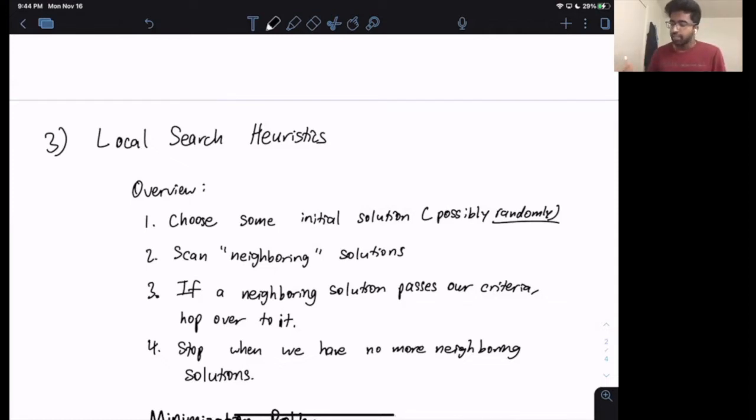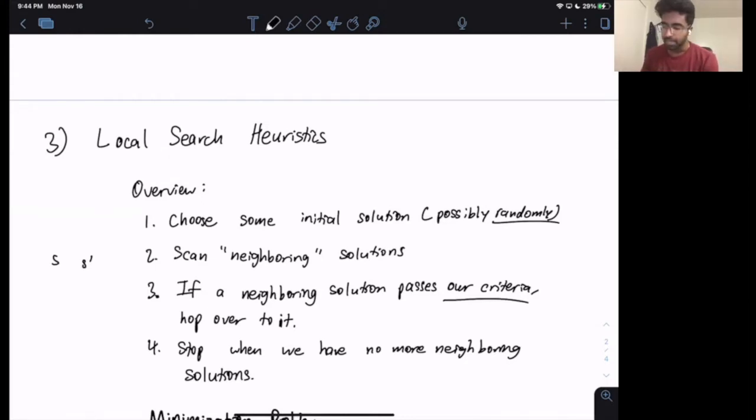Step number 3 is if one of those neighboring solutions passes our criteria, which I'll get to in a bit, then we'll hop over to it, right? So kind of like jump to that neighboring solution and go again, right? So let's say, visually speaking, we start off with some solution here, and let's say there's a neighboring solution like S prime, right? That's off by maybe a little bit. It's different from S by a little bit.